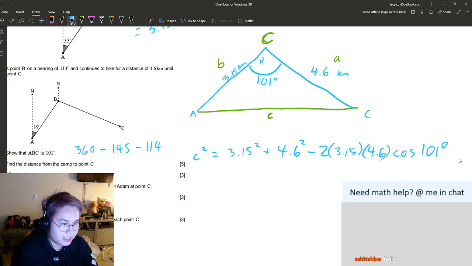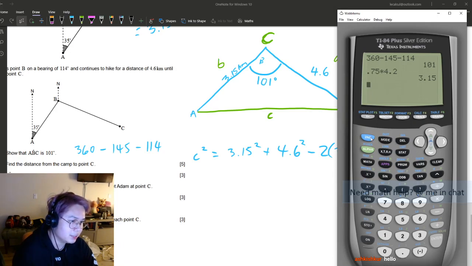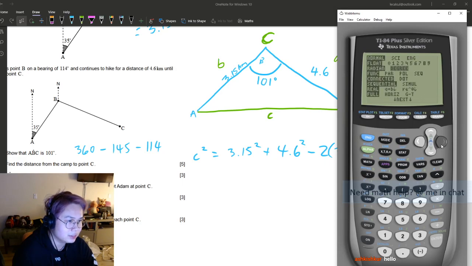And then of course we calculate all of this, and then we square root it to get c. And then notice that earlier questions were in radians, and now we switch to degrees. They just hate you. So go to your mode and then switch to degrees before you start evaluating this stuff.